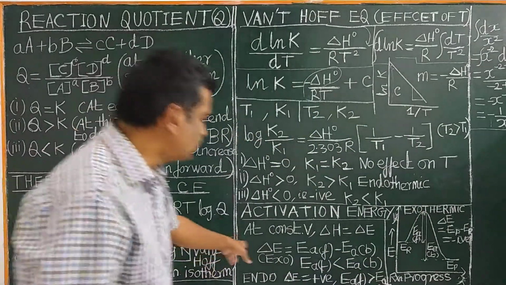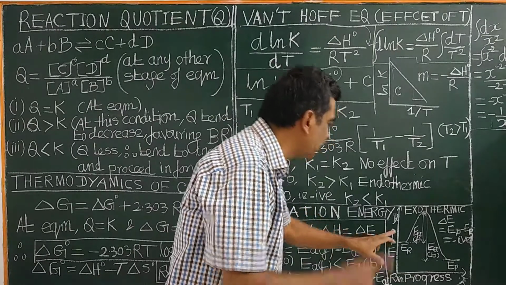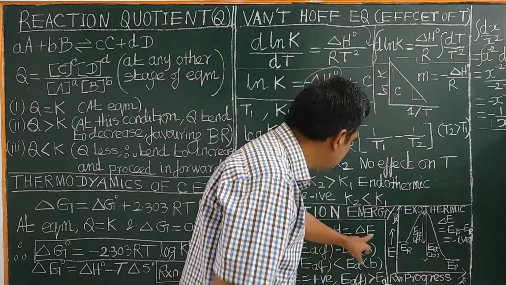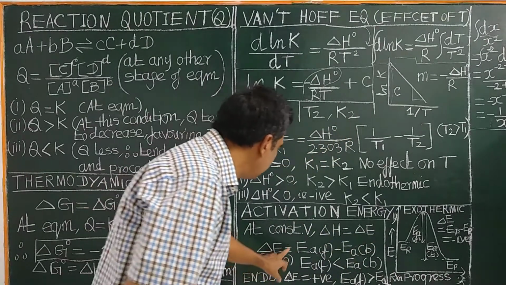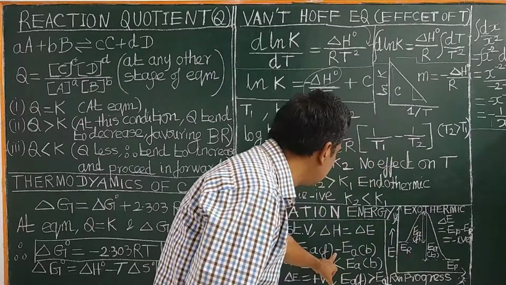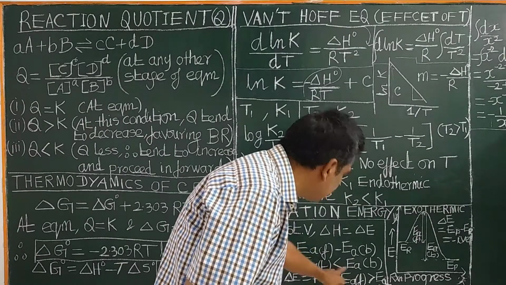Therefore, at constant volume delta H equal to delta E plus P delta V. P delta V is equal to 0, therefore delta H equal to delta E. For an exothermic process, EAF is less than EAB.